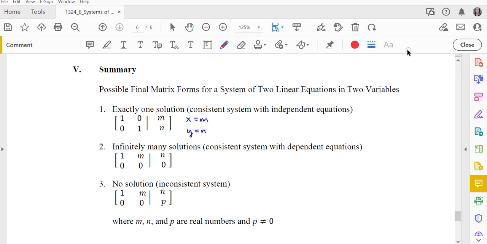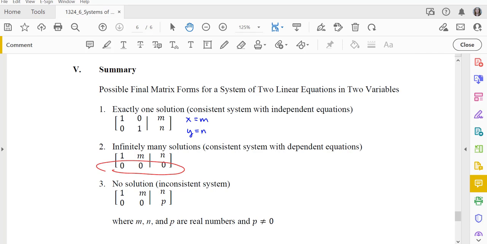Your matrix could be of this form. Something I want you to notice, do you see this row of zeros down here at the bottom? You have a row of all zeros. That is what's called a consistent system with dependent equations, indicating that there are infinitely many solutions.